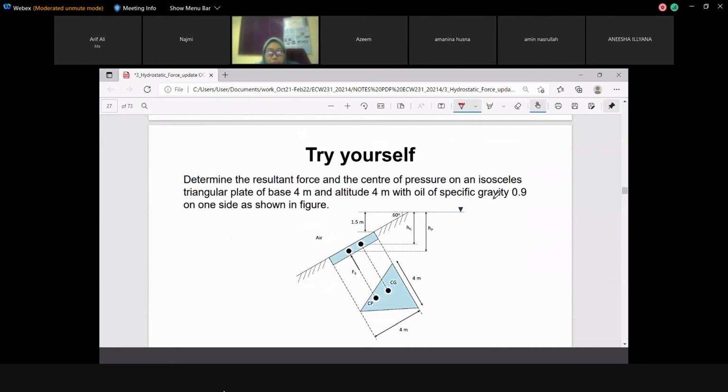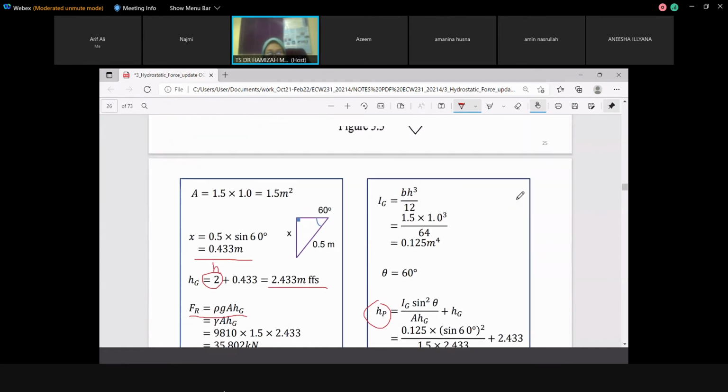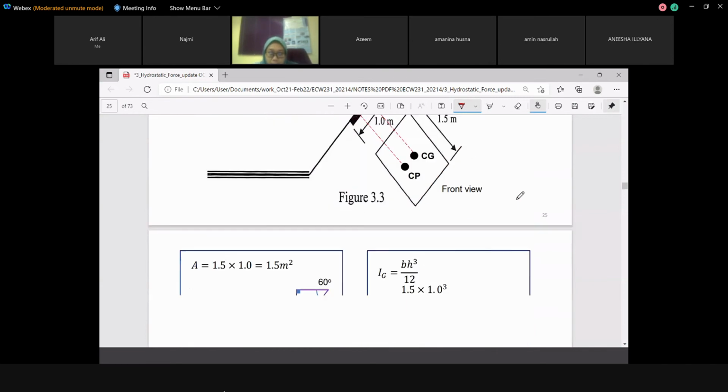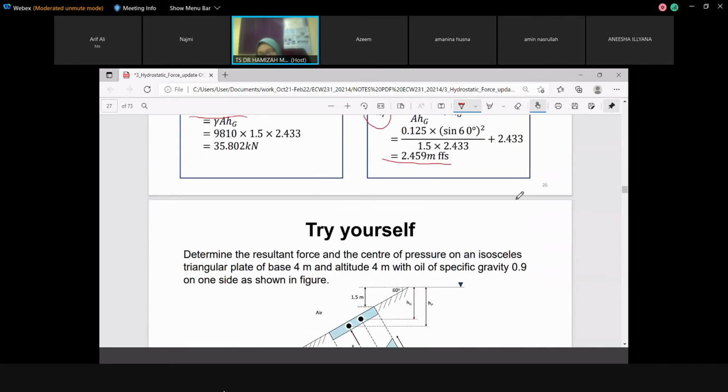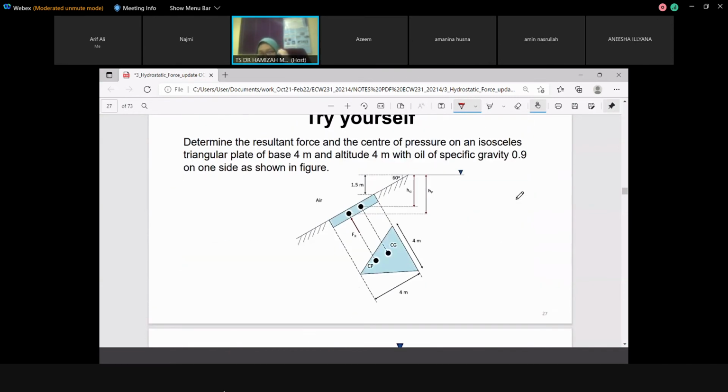Okay, that is for rectangular gate. So the gate can be circle, rectangular, triangle. Okay, untuk triangle, bila triangle macam ni, dia punya center of gravity ialah 2/3. Okay, dekat bahagian bawah ni, 2/3.